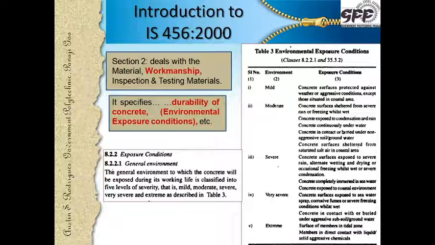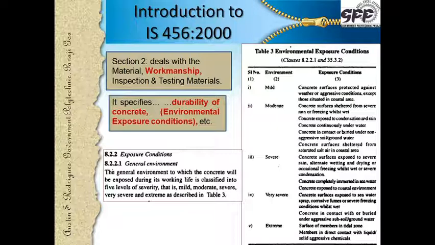Concrete surfaces exposed to severe rain. Or the next one, in this itself the last point is concrete exposed to coastal environment. So obviously Goa is more than moderate. So the structures in Goa would surely be in the severe environment.